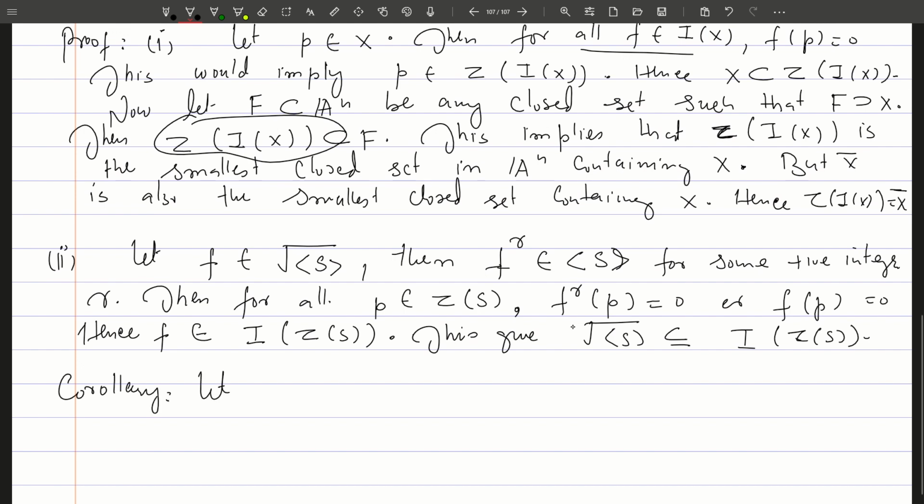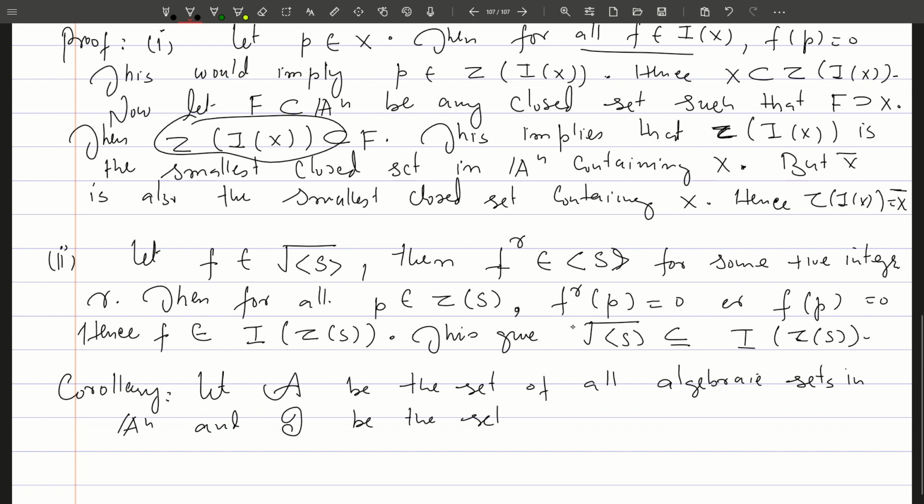Let script A be the set of all algebraic sets in the affine space A^n, and suppose script I is the set of all ideals in the polynomial ring in n variables.